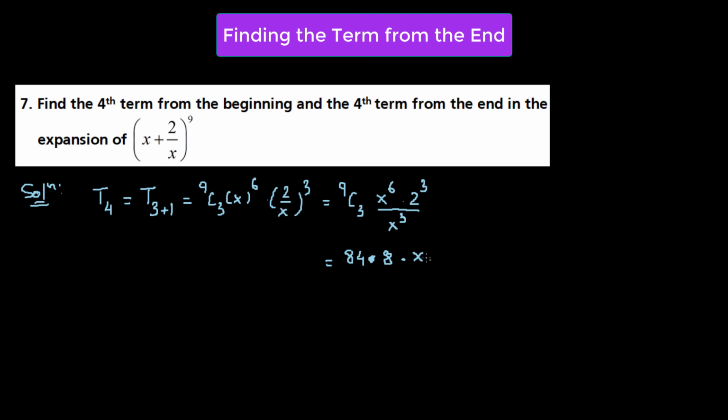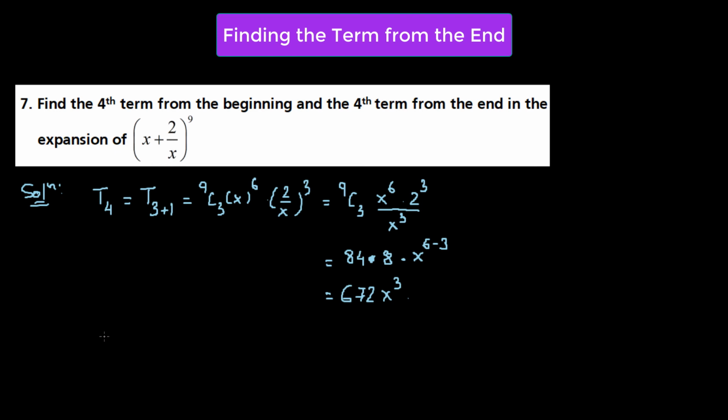And then we subtract the exponent of x in the denominator from the exponent of x in the numerator. So that will be simply x raised to the power of 6 minus 3. So 84 times 8 gives us 672 times x raised to the power of 3. So this is the fourth term from the beginning.